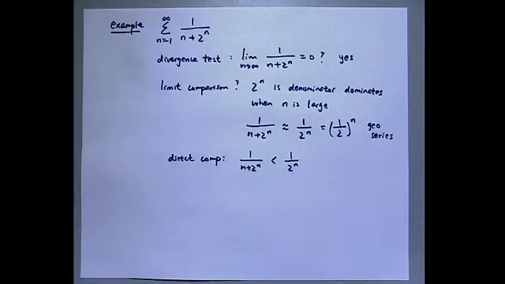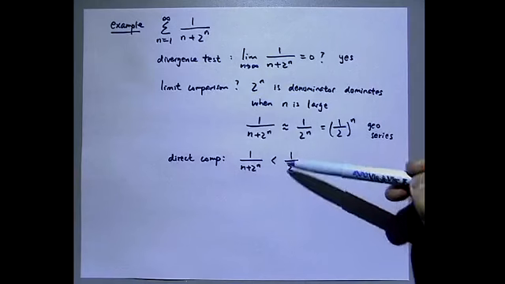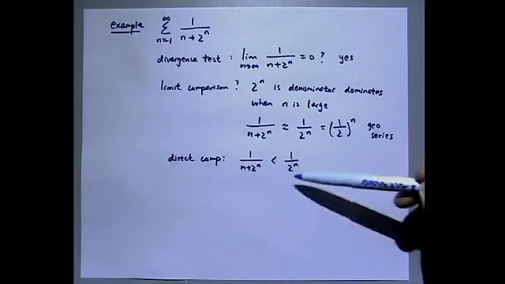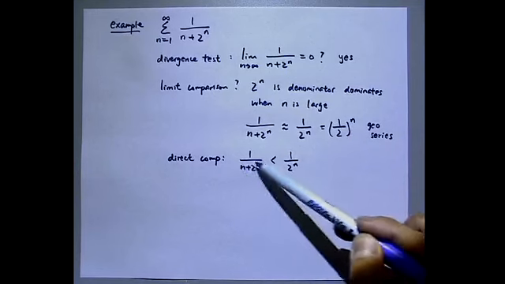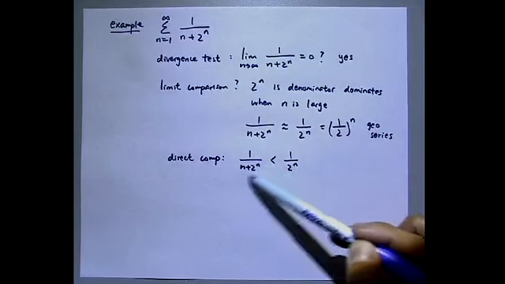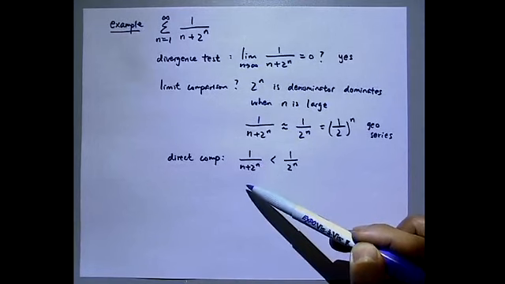If you apply the direct comparison here, this is already convergent. We know that already. That's a convergent geometric series. And we see that by adding more to the denominator, this will be a smaller quantity for all the n's.